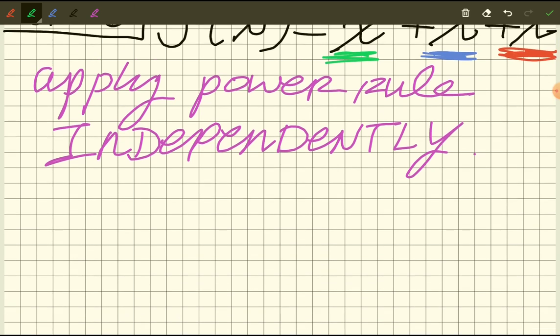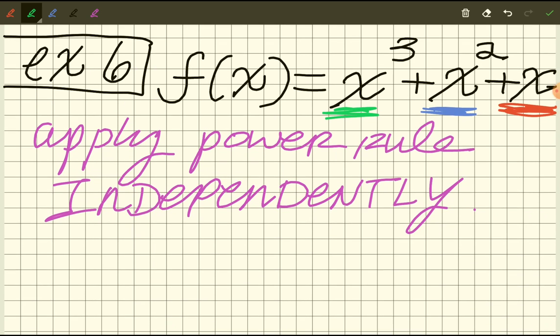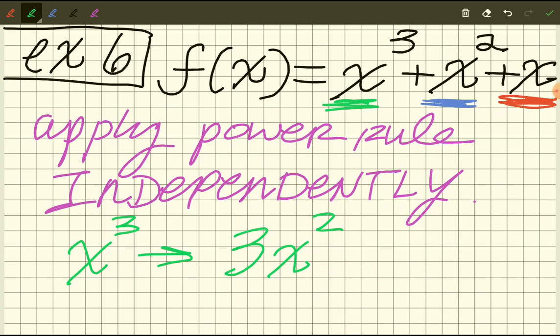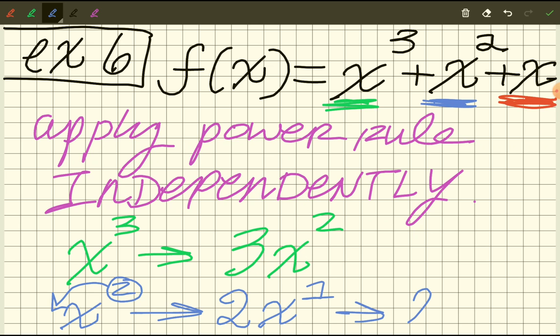Okay, so without further ado, x cubed, really that's just 3x squared. The derivative of x squared, remember, bring it to the front, subtract 1, that's just 2x.